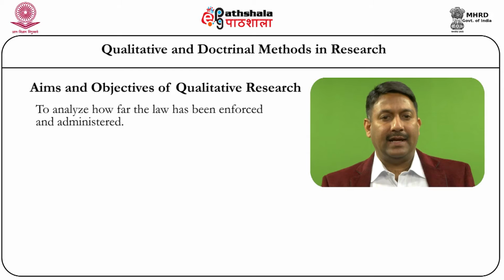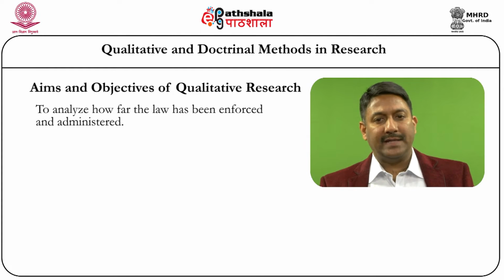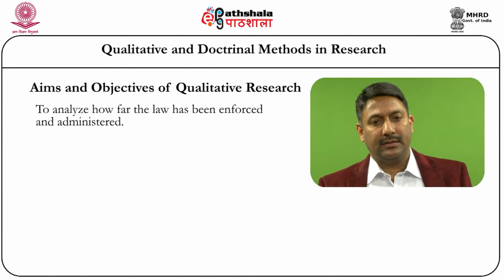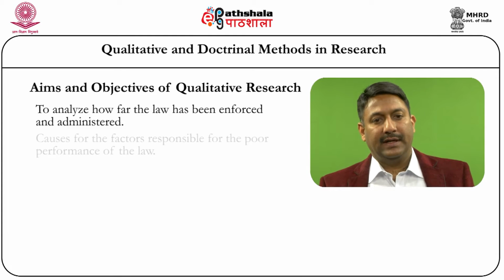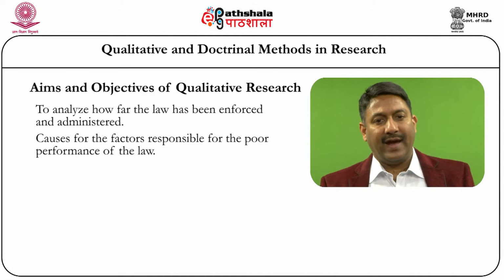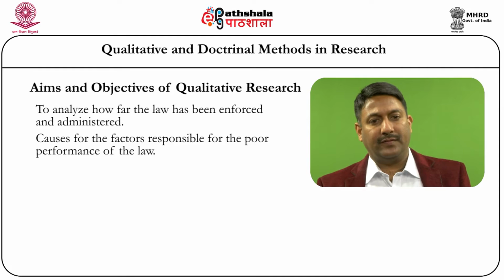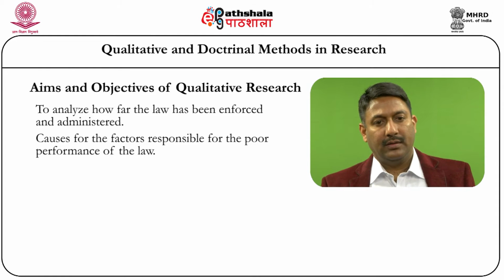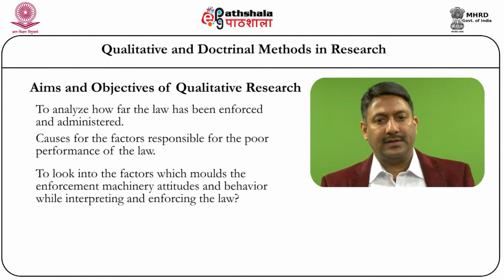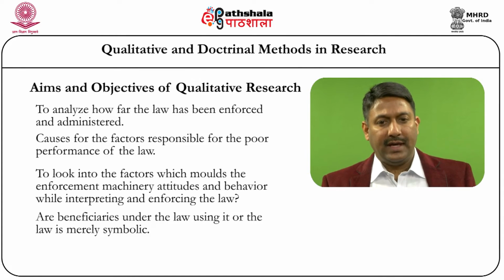It is helpful in analyzing how far the law has been enforced and administered. It discusses the causes and factors responsible for the poor performance of the law. It also looks into the factors which mold the enforcement machinery, attitudes, and behavior while interpreting and enforcing the law. Are beneficiaries under the law using it, or is the law merely symbolic?